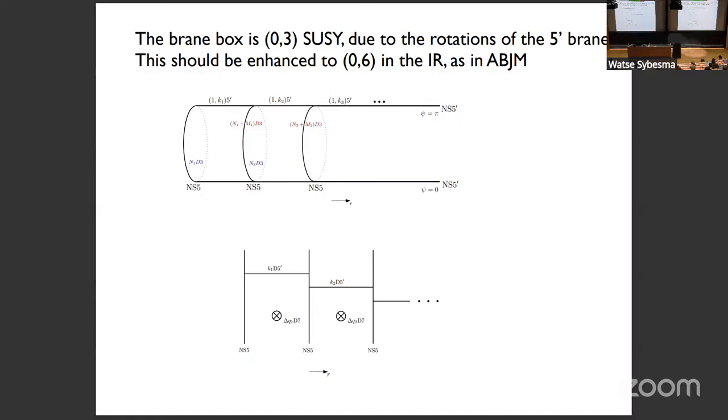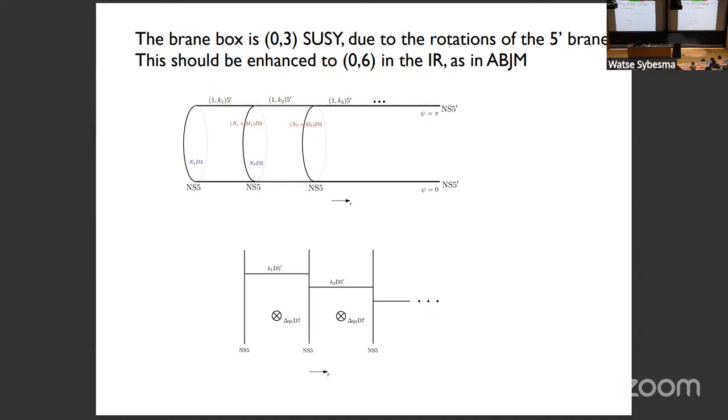Therefore, if you were just looking at this part, you would be seeing the brane diagram of ABJM. Here, I'm just adding the R direction. This becomes cylindrical, but it's not really cylindrical because in ABJM, you would have this brane rotated with respect to the NS5 prime brane.